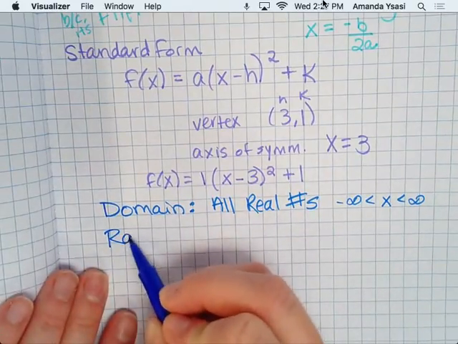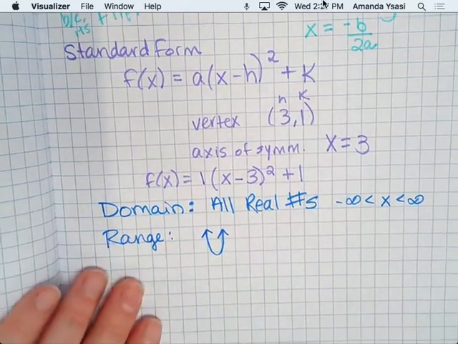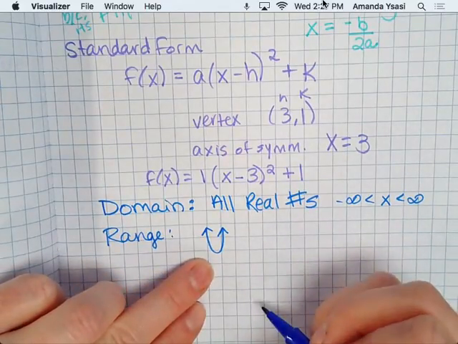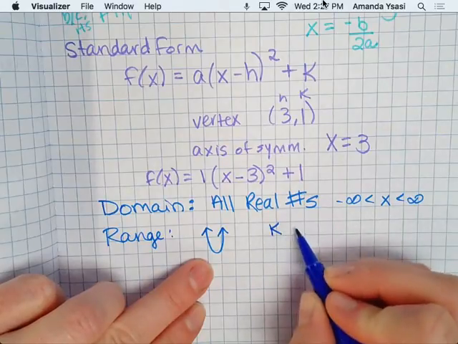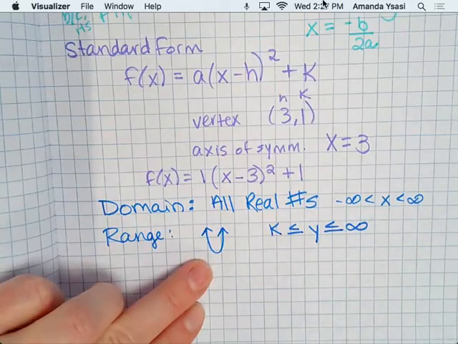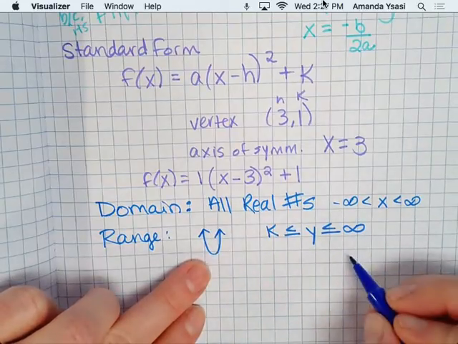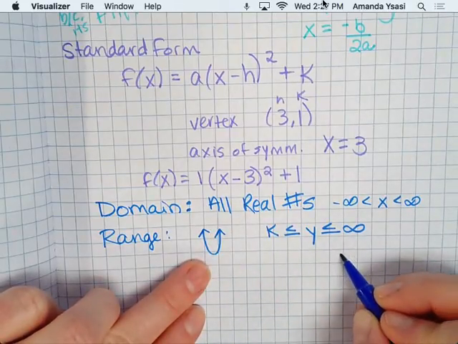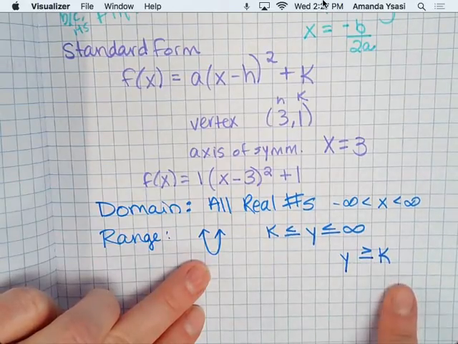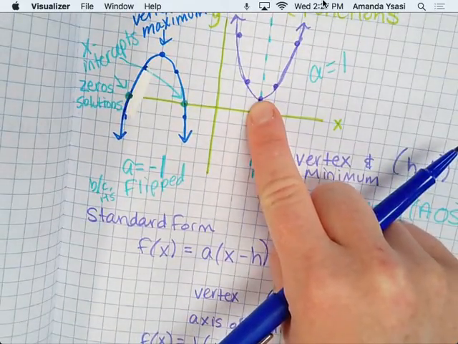But your range, if it goes up like this, then it'll be the vertex, which is the k, is less than or equal to y, is less than or equal to infinity. Because it starts here and it goes up to infinity. Or it can say that y is greater than or equal to k, whatever k is, which is the y value of the vertex.